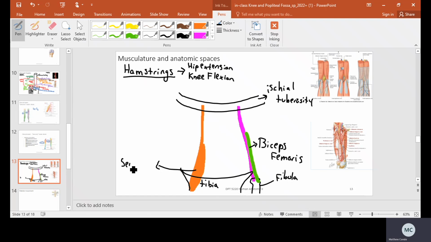This is going to be semimembranosus. It says what it is. Semi meaning part. So when a store has its semi-annual sale, that means it's part of the year.